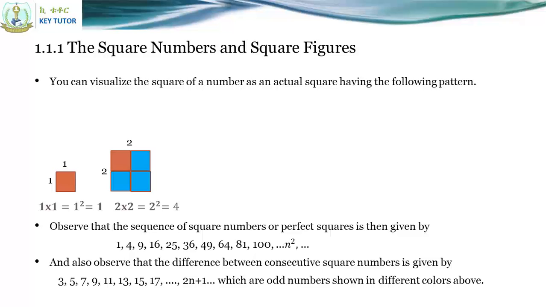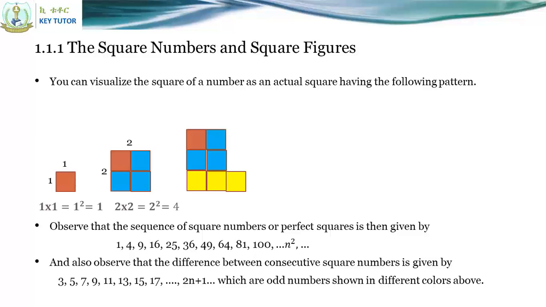Now you see there are squares with a blue color and also the previous square with a red color. These 3 blue color squares were added onto the 1 unit red color square to give us a 4 unit square figure.